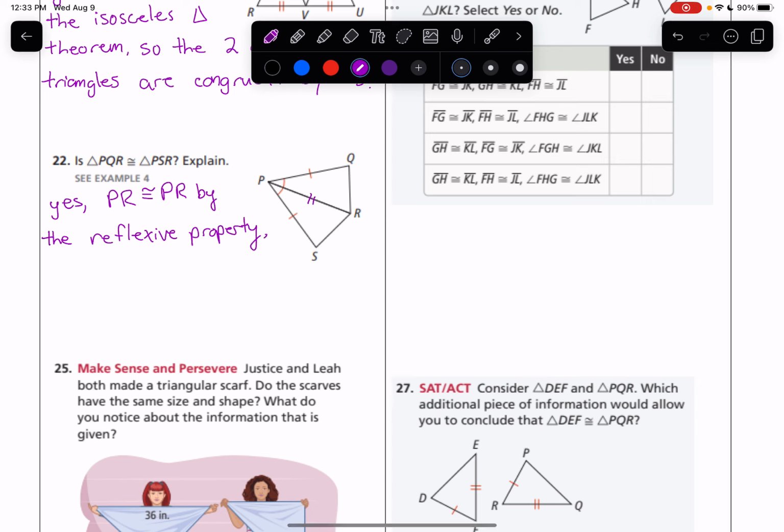And that means the triangles are congruent by side, angle, side.